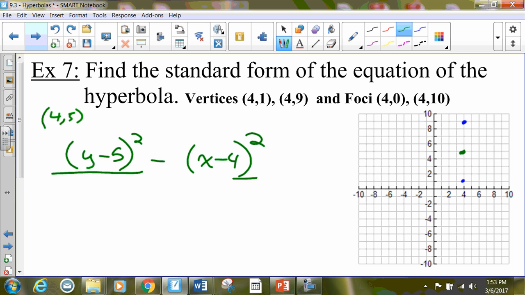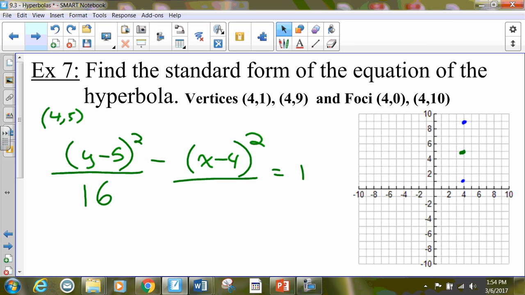We're almost done. We also know the distance from the center to each of the vertices is 1, 2, 3, 4. So 4 squared is 16. They also gave us the foci at 4, 0 and 4, 10.